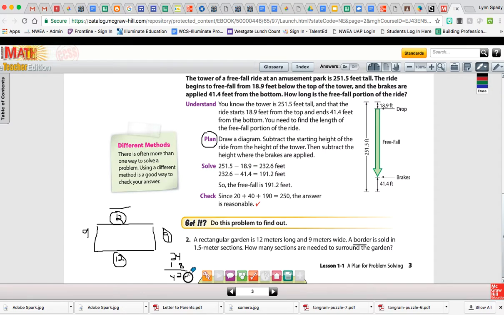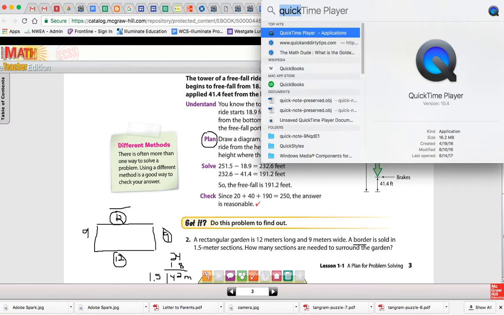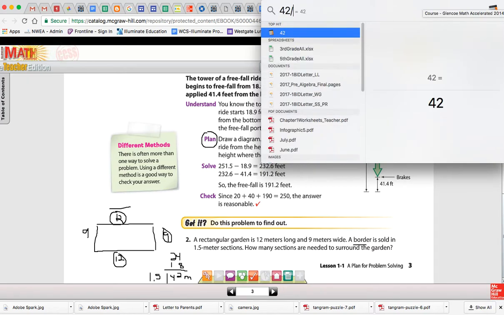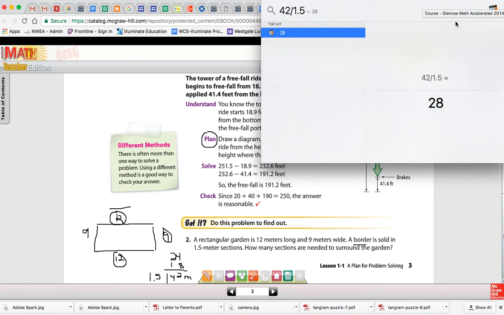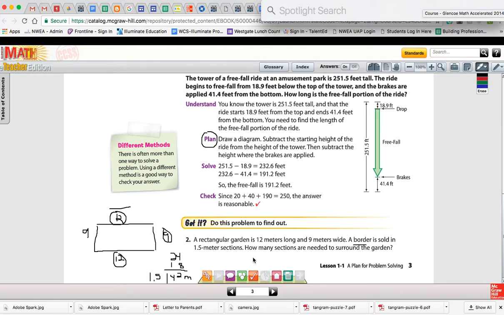Okay, so 42 meters is not my answer, that's just the perimeter. And so what I need to do is divide that by 1.5 meter, because each of the border pieces is sold in 1.5 meter sections. Okay, so I'm going to take 42 divided by 1.5, and it looks like I'm going to need 28 pieces of border. So how many sections are needed to surround the garden?